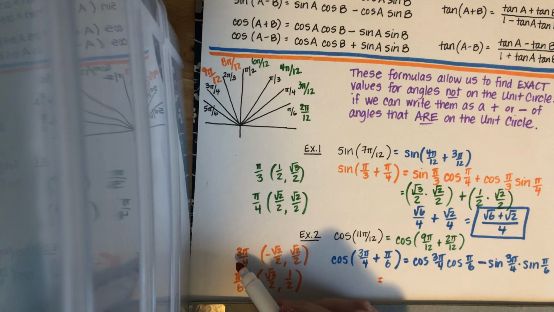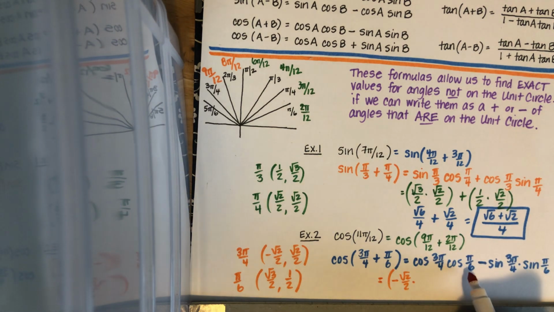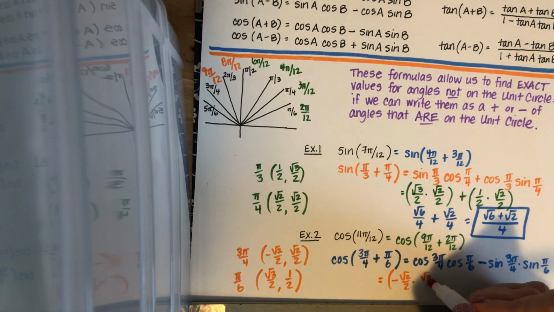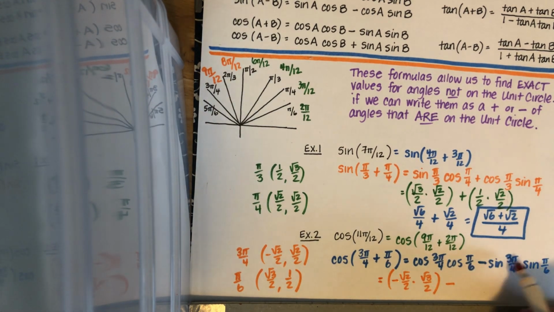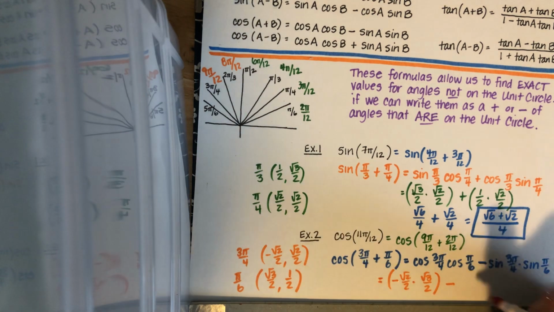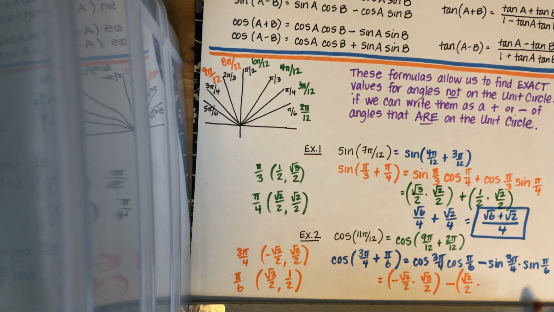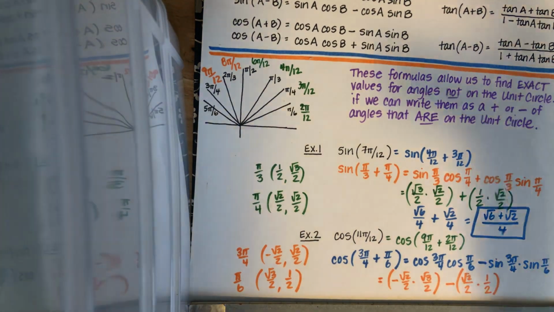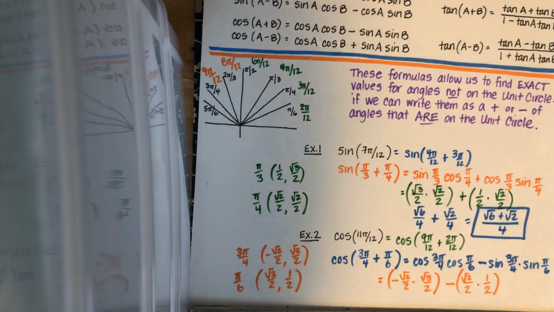Cosine of 3 pi over 4, x coordinate, that's going to be negative root 2 over 2 times the cosine of pi over 6, which is root 3 over 2. And then we are subtracting. Sine of 3 pi over 4 is the y coordinate, so that is root 2 over 2 times the sine of pi over 6, which is 1/2.